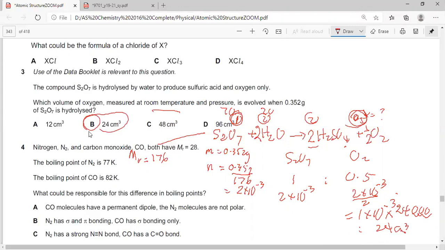Okay, guys, I finished. So, I've done with you how to find MR for solids, and for gases in various types of conditions.